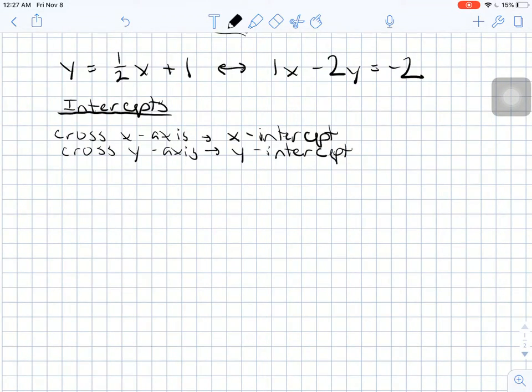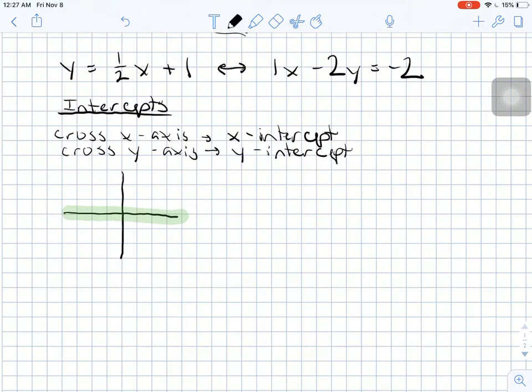Now, the reason we mention this is because it is a graphing strategy. So we have to think about what happens on the graph when you're on the x-axis or when you're on the y-axis. So I'm going to sketch a little graph down here just to get us thinking. So if we are on the x-axis, that means we are somewhere on this line.